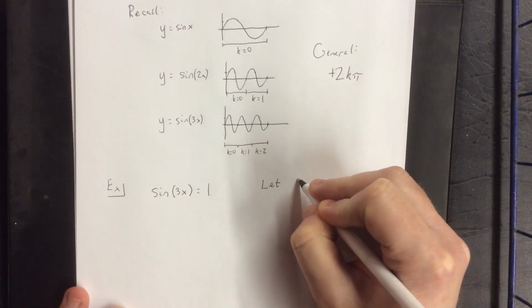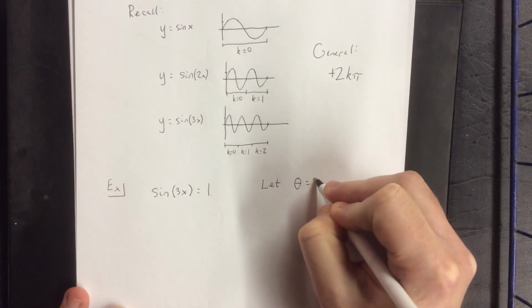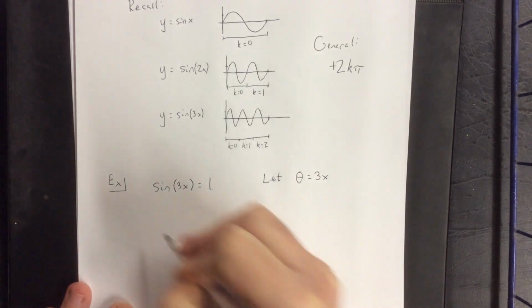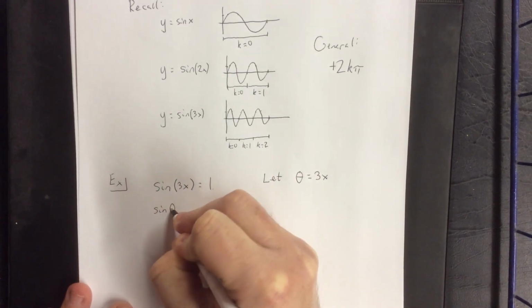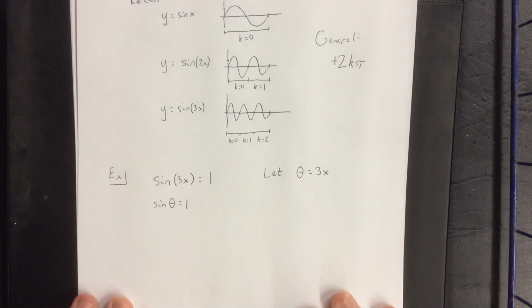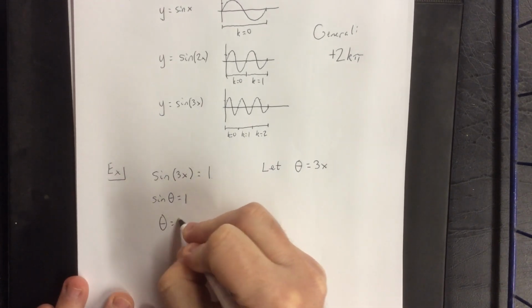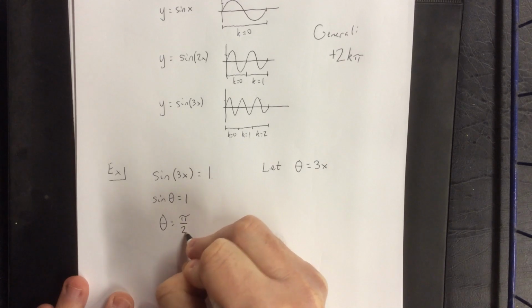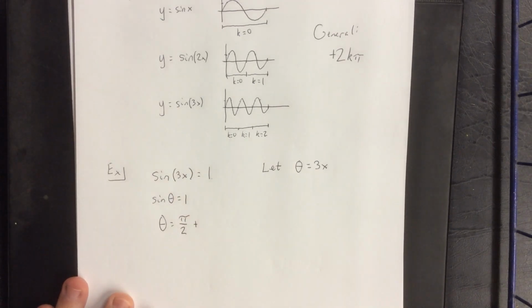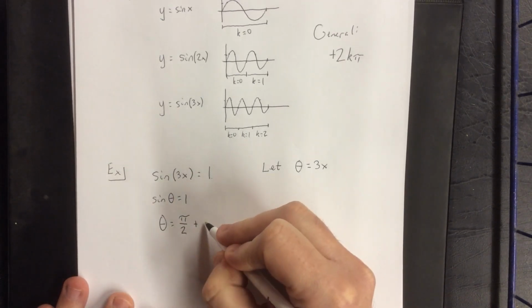So quickly, I'm going to make a little substitution and say let theta be equal to 3x. Then we're simply solving the sine of theta is equal to 1. And again, there's only one place that this occurs, and that's at pi over 2. However, what we're going to do is copy down the general solution.